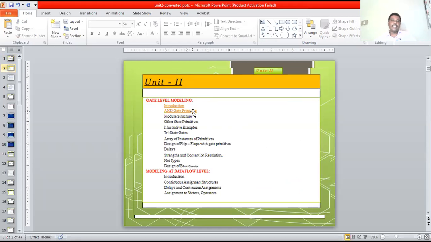The next one is gate primitives. We already know about the AND gate primitive, and we will talk about the OR gate primitive, XOR gate primitive, NAND gate primitive, and other gate primitives in our Verilog HDL.